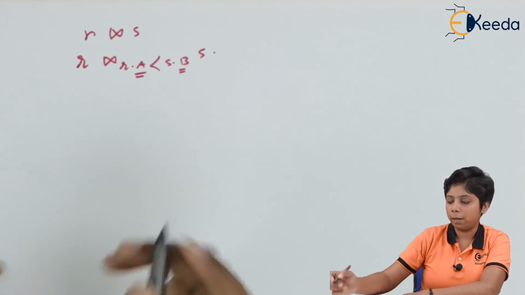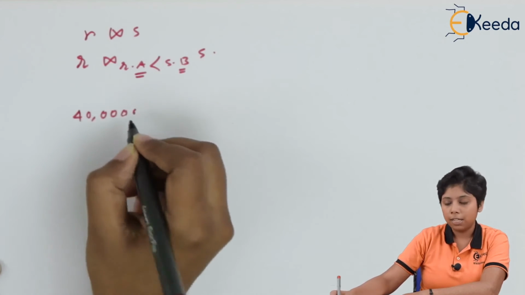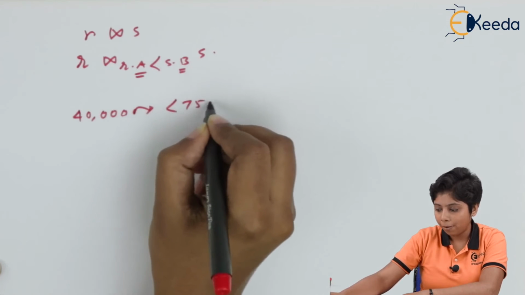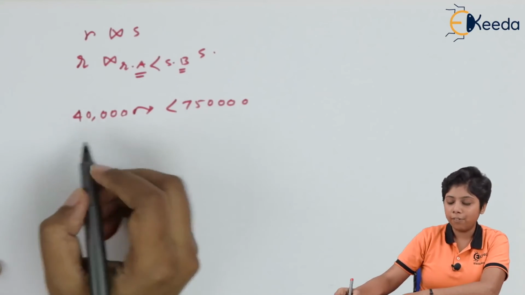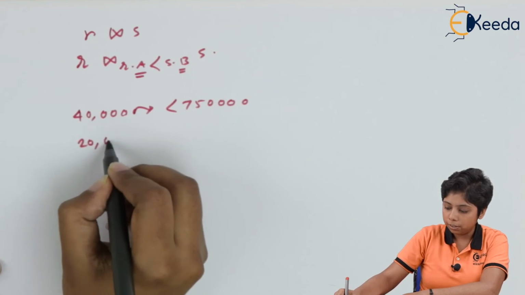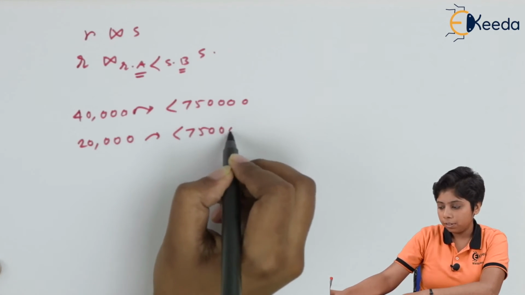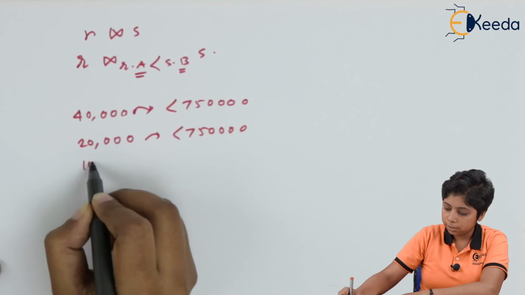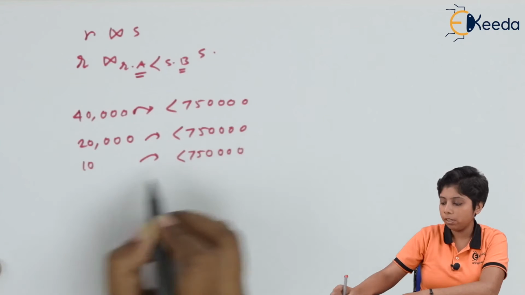Say, for example, if someone has a 40,000 salary, then they can go within the range of less than 75,000. If someone has a salary of 20,000, they can also belong to the range of this one, and someone who has a salary of 10,000 can also belong to the range of this one.